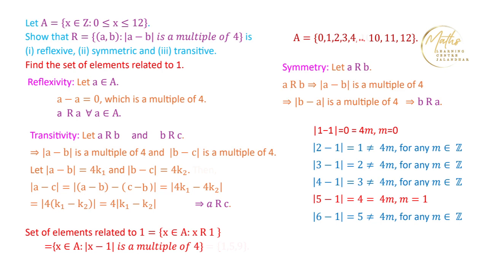So continuing in this way, we obtain the numbers for which x − 1 is a multiple of 4: they are 1, 5 and 9. So these are the numbers which are related to the integer 1 corresponding to this relation R. So this is the answer, that the elements 1, 5, 9, these three elements, are related to the number 1.